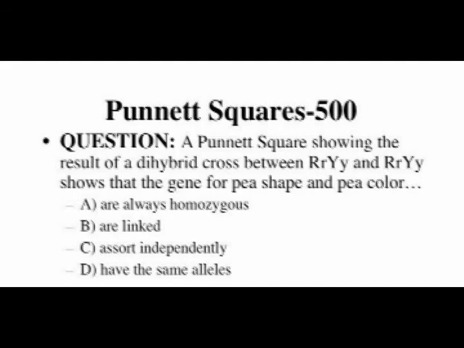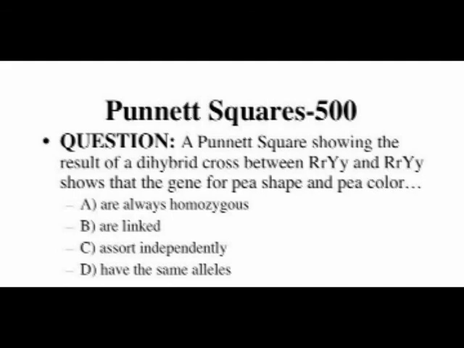So capital R, lowercase r, capital Y, lowercase y mates with capital R, lowercase r, capital Y, lowercase y, and shows that the trait for pea shape, round or wrinkled, and pea color, yellow or green, and in the case of a pea, it's, well, we'll see. Okay, yellow is dominant.